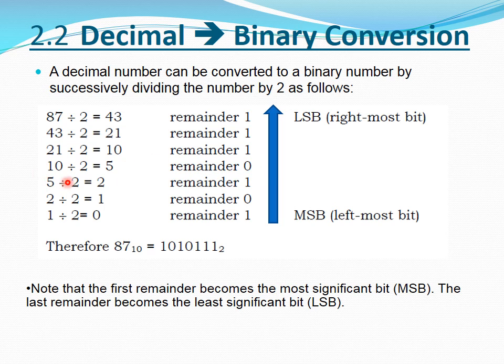5 divided by 2 is 2, remainder is 1. 2 divided by 2 is 1, remainder is 0. 1 divided by 2 is 0, therefore remainder is 1. This last remainder is called the MSB and the first remainder is called the LSB.